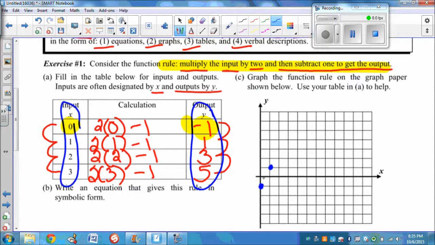Then we have 2, 3 is my second one. 1, 2, 3. That came from right here, 2, 3. Now we're going to plot this last point, 3, 5. So 1, 2, 3, 1, 2, 3, 4, 5. Okay, and now let's connect that.